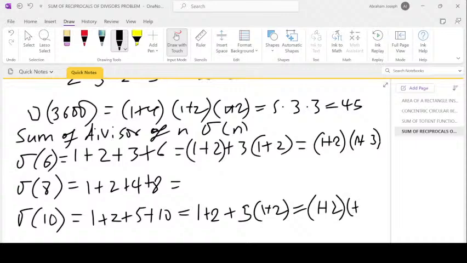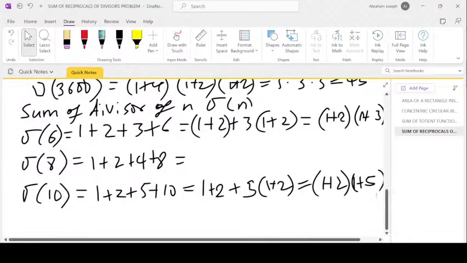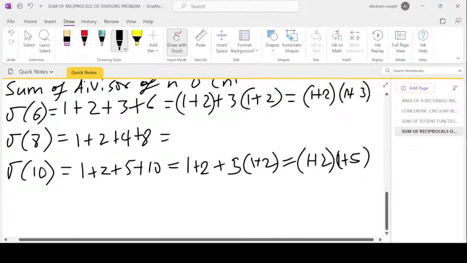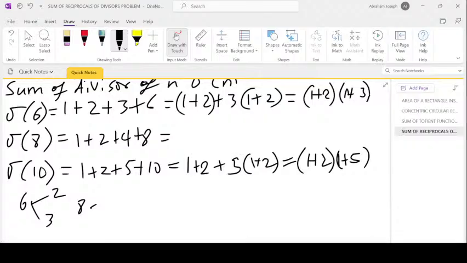You observe that one key thing about number theory is the ability to work with prime factorization. Now, if you prime factorize 6, it is 2 times 3. If you prime factorize 8, it is just a power of 2, so that's 2 raised to the power of 3. If you prime factorize 10, it is 2 times 5.